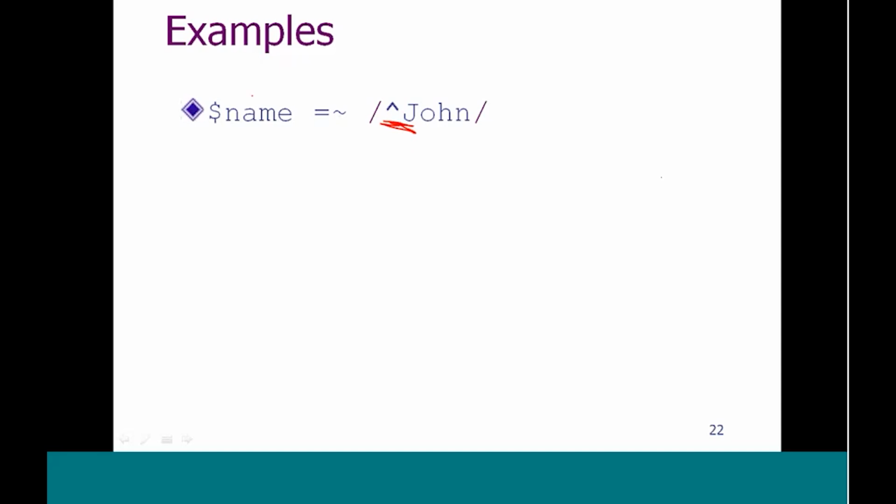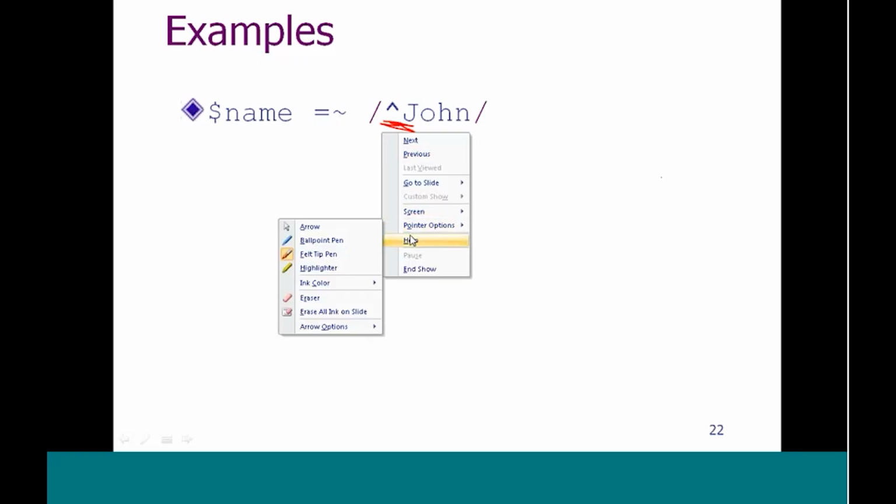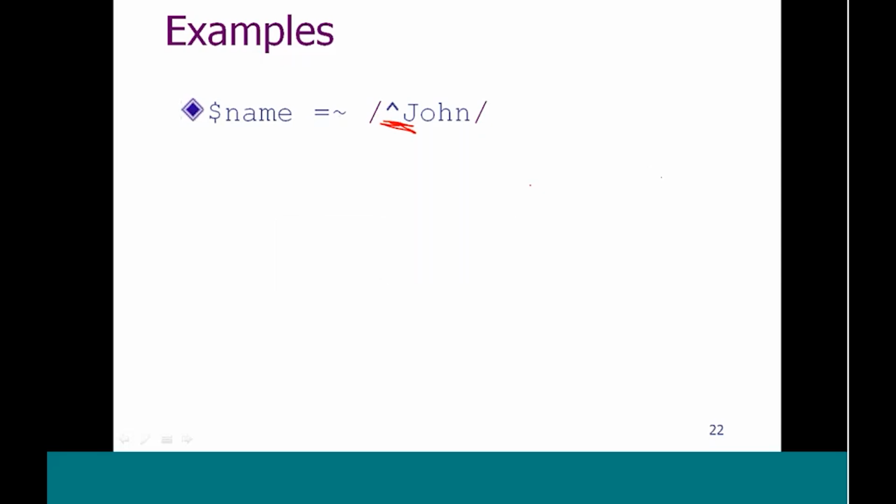So the dollar name variable is matched from the beginning. You can think of this as its anchoring point. So it anchors either in the beginning or at the end. The beginning anchor is this caret, and as we saw in the previous one, the ending anchor, towards the end, is the dollar sign at the end.